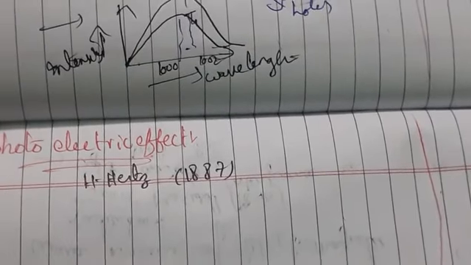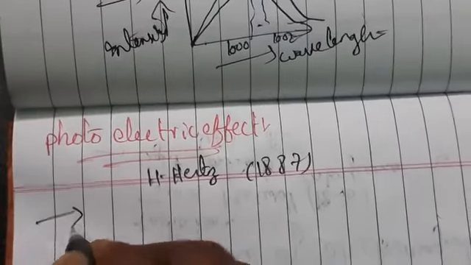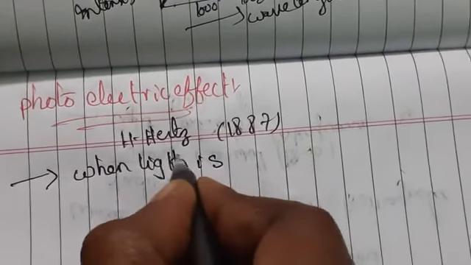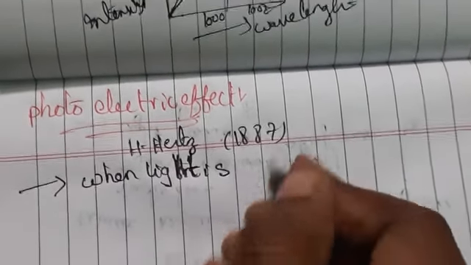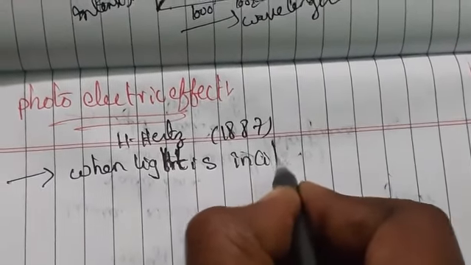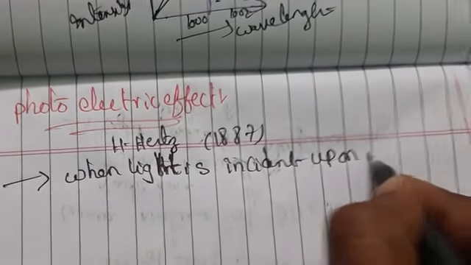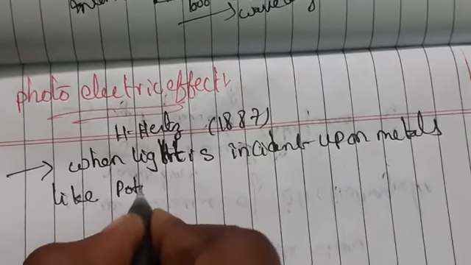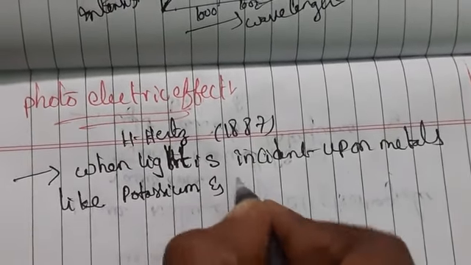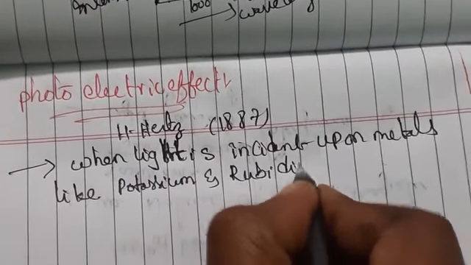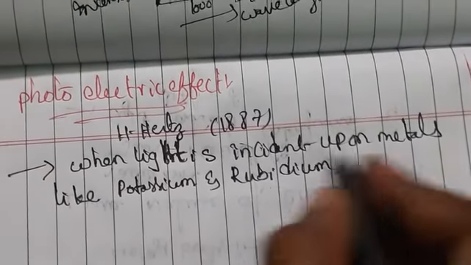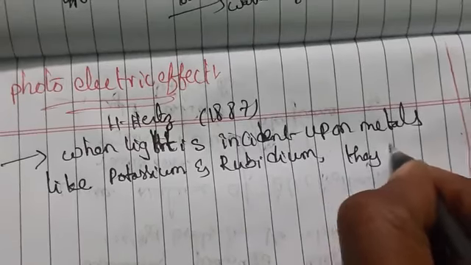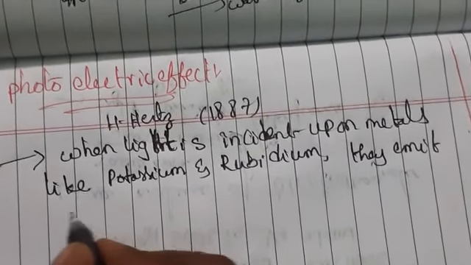So what is the photoelectric effect? When light is incident upon metals like potassium and rubidium, they emit electrons.